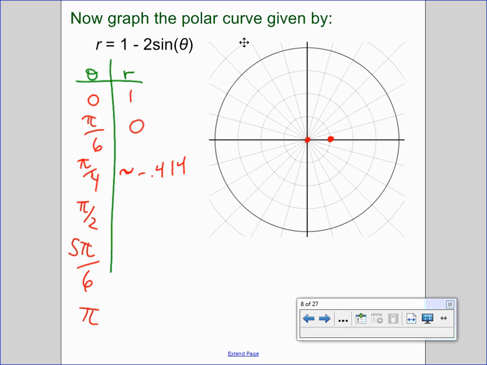So in the pi over 4 direction, I'm trying to go negative 0.4. I wish I made it bigger scale here.